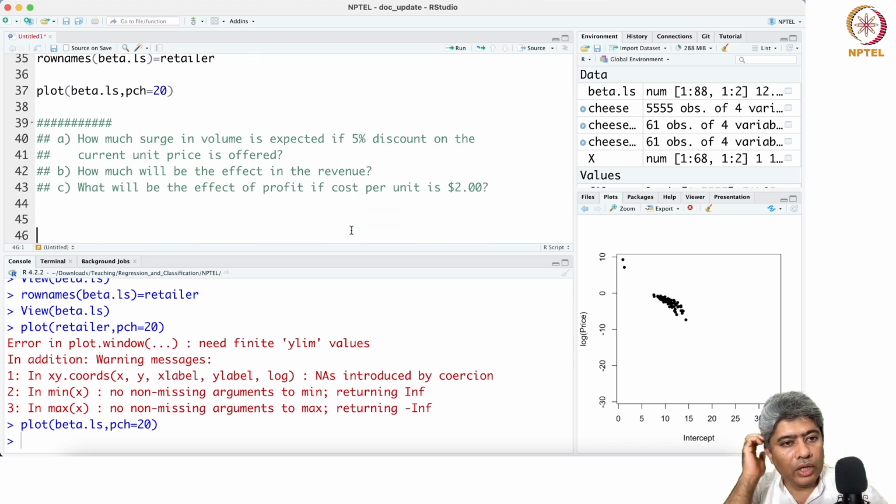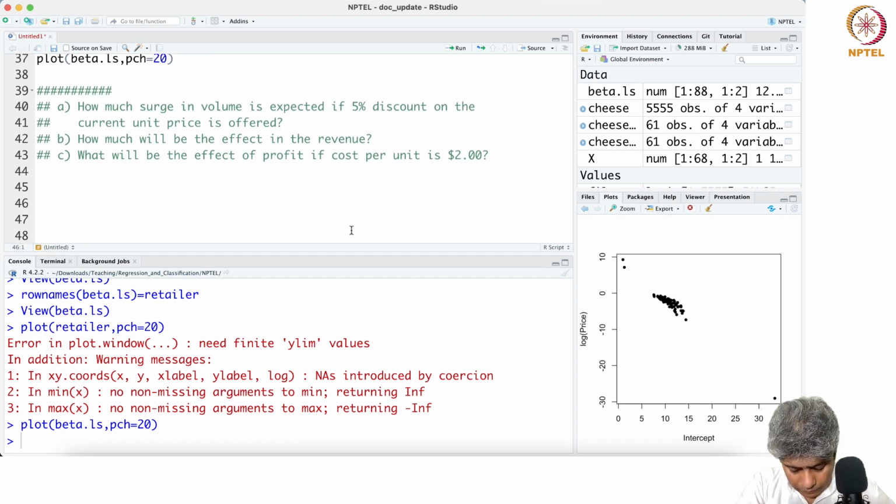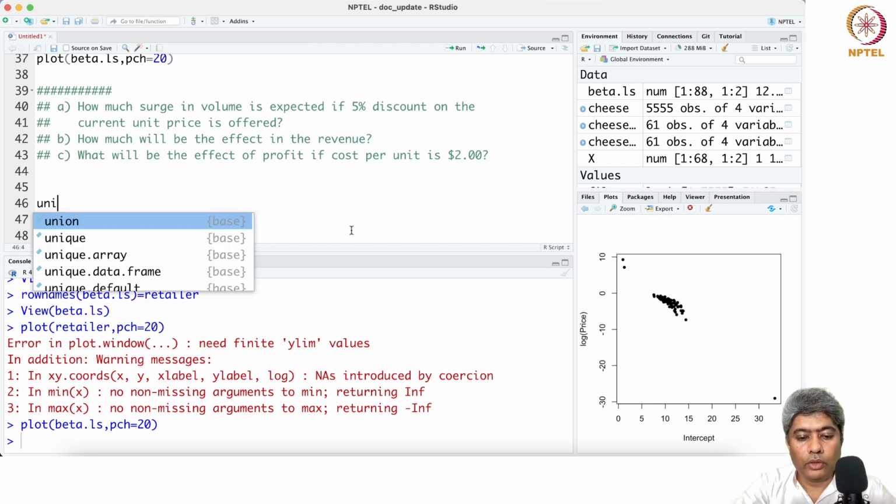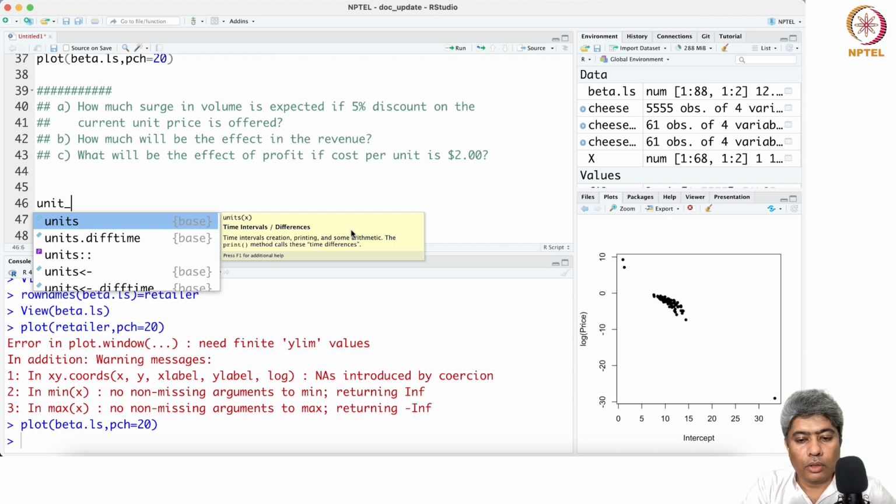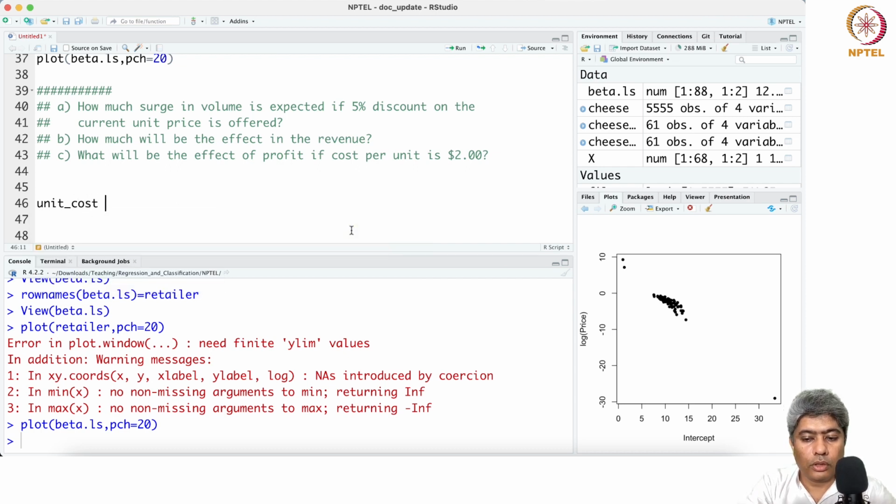So these are the three questions we are going to discuss. Okay, so the first thing is the unit cost is 2, right?